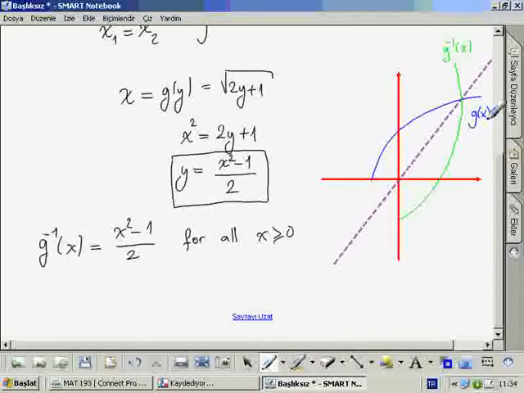It's reflected on the y equals x line, okay. This is the x, y, okay.